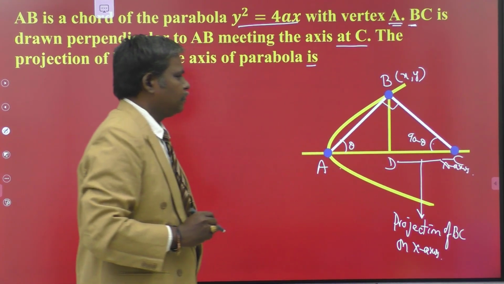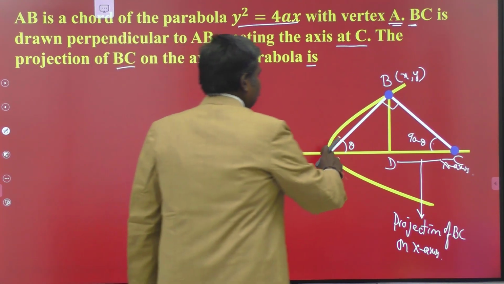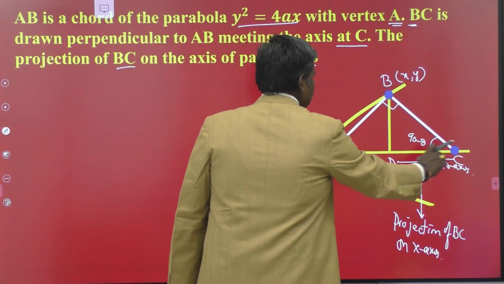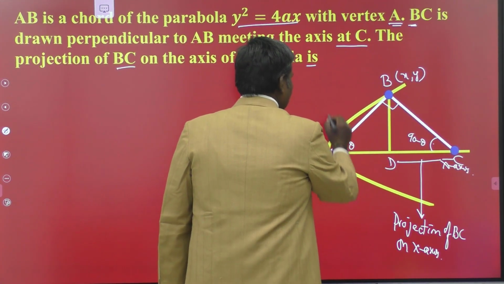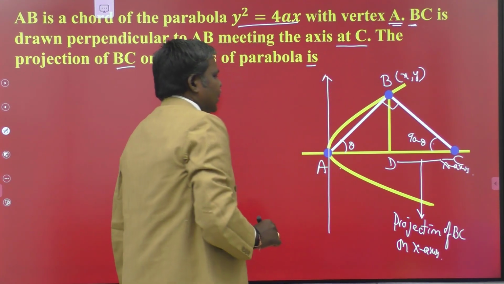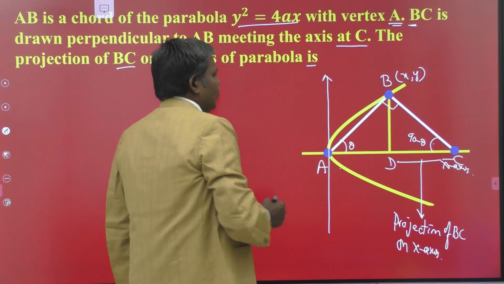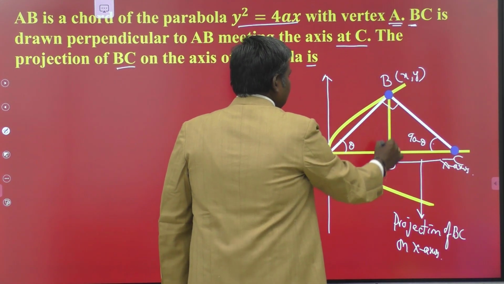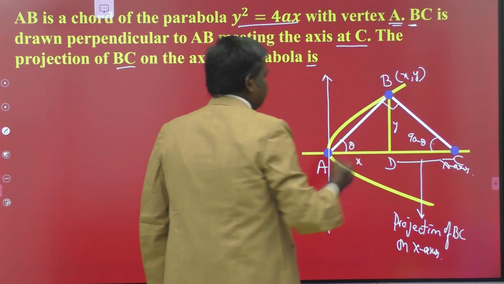Up to here, we have two triangles. Because this is the x-axis and this is the origin, the coordinates of B are x comma y, so the distance from here to here is x, and here to here is y.